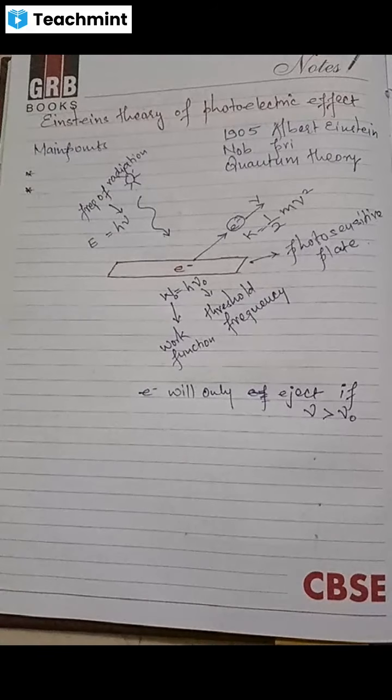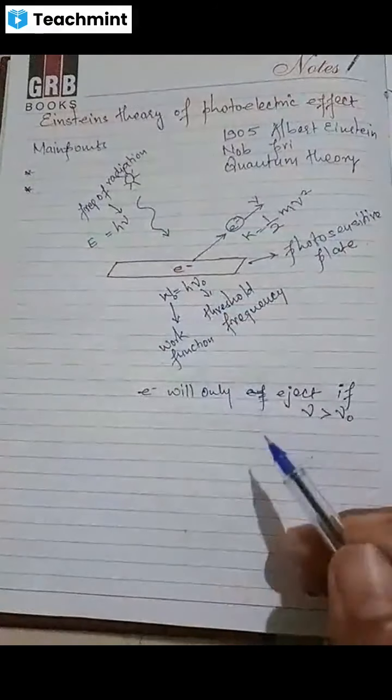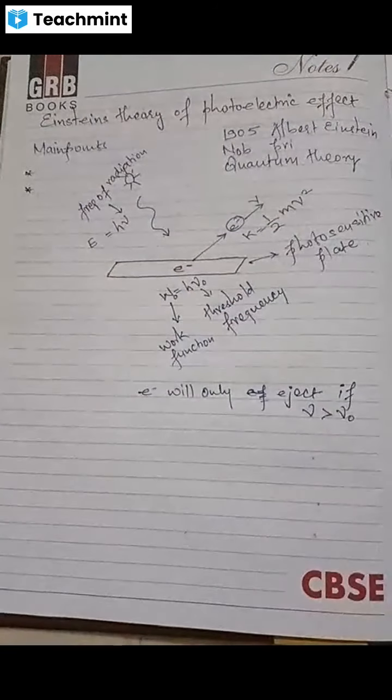Full stop. The minimum amount of energy required to liberate an electron from the metal surface is called the work function, W naught, of the metal.